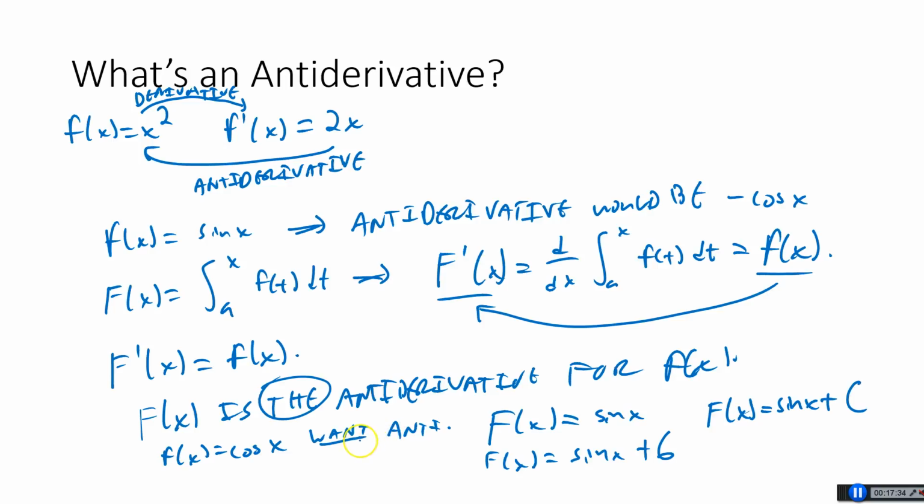But for any function, if you're looking for an antiderivative, you can add any constant you want: sine x plus 6, or 7, or 12, or 5,682, or e, or pi. All of those are constants that will disappear when you take the derivative. When you're looking for a general antiderivative, you can add any constant you want.